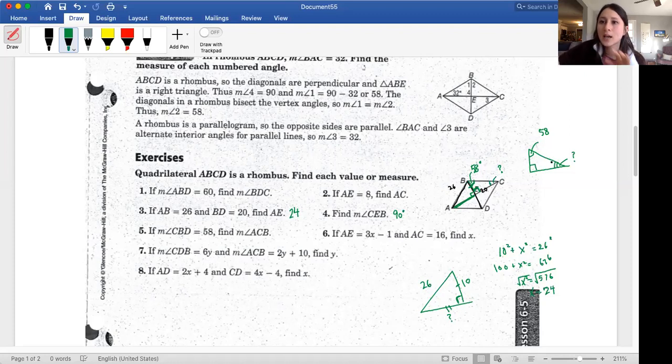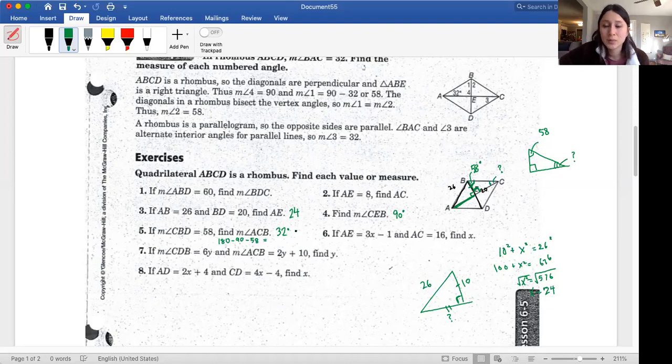We know that it has to all add up to be 180, right? So if we do 180 minus 90 minus 58, that would give us the remaining measure of our third angle, and that would be 32. So that would be 180 minus 90 minus 58, and that equals 32.